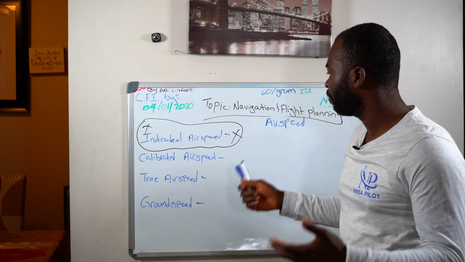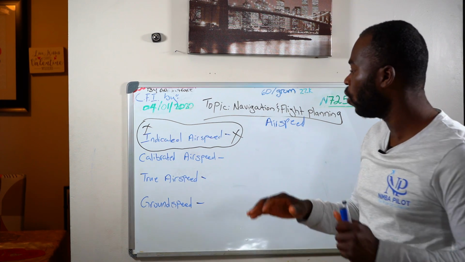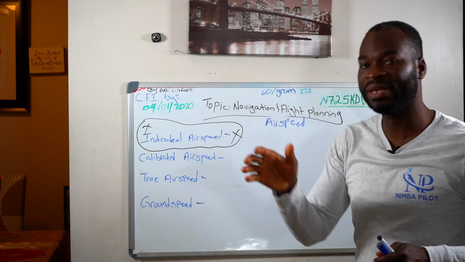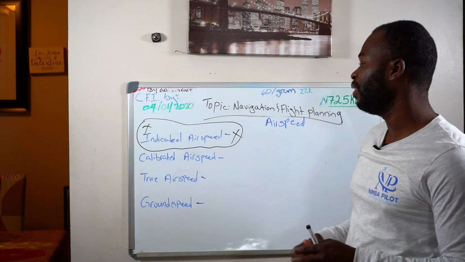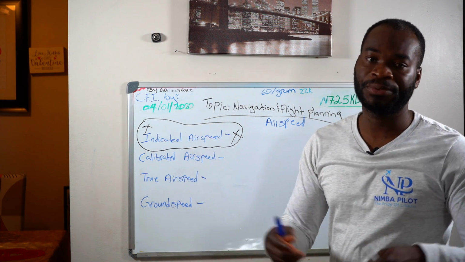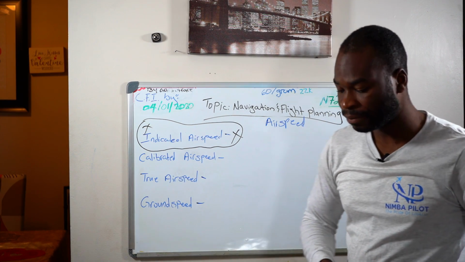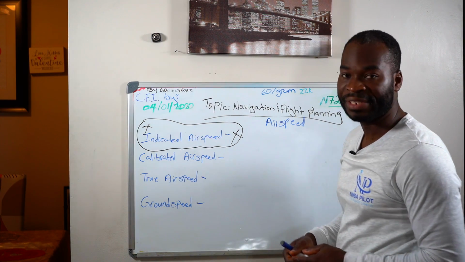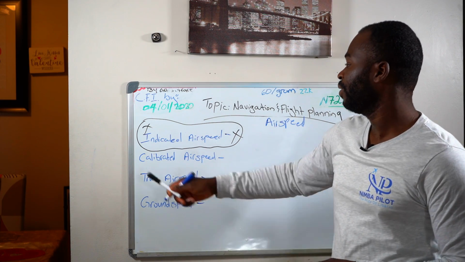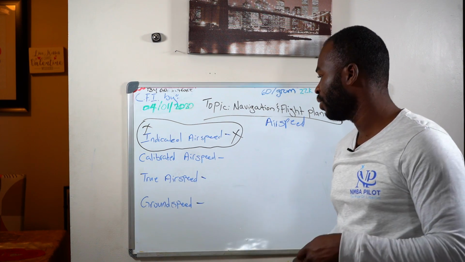Don't let people confuse you with too much explanation. For now, all we need to know is our indicated airspeed is the airspeed we read directly off of our airspeed indicator. Calibrated airspeed, for testing purposes, or when you're doing your rating test, there could be a question on calibrated airspeed. It is indicated airspeed corrected for instrument installation error.